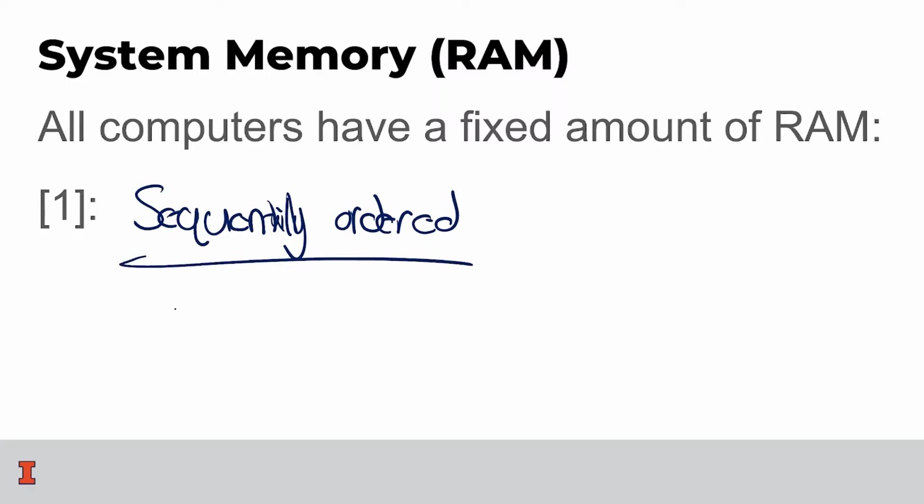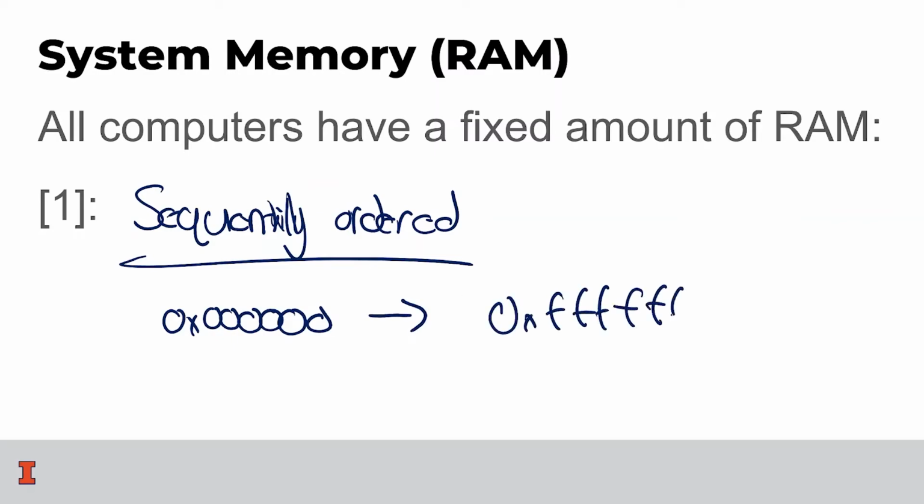It basically starts from 0, 0x0000, and goes all the way up until 0xFFFFF, until you're out of actual RAM. So you have this sequentially addressed space. The very first byte of RAM in your system is 0. The very last byte of RAM is going to be the biggest number, until you're actually out of RAM.